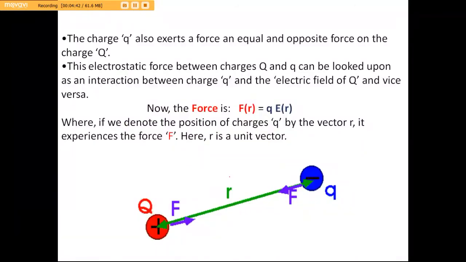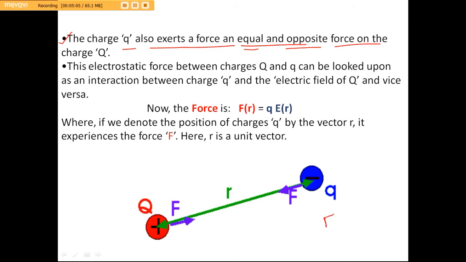Now let's see that the small q also exerts a force, equal and opposite, remember it, equal and opposite force on the charge Q. So this small q also exerts a force.